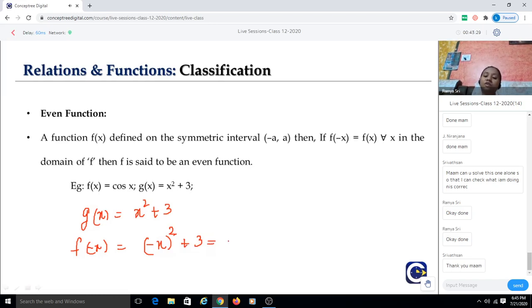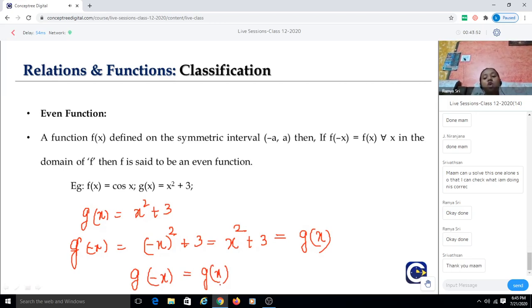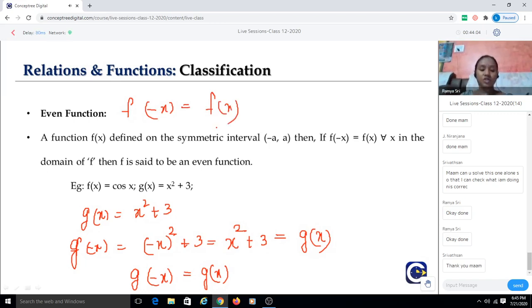Minus x whole square will again be x square, so it will be x square plus 3, which is our standard function g of x. If you observe, even by substituting minus x, we end up with g of x. So g of minus x is equal to g of x. These two are examples of even functions. Simply, any function which satisfies the condition f of minus x equal to f of x is called an even function.